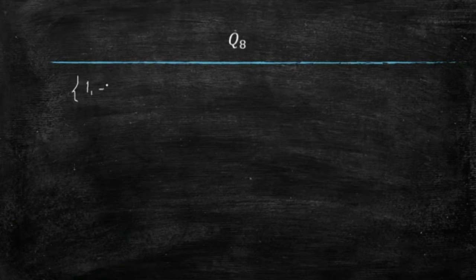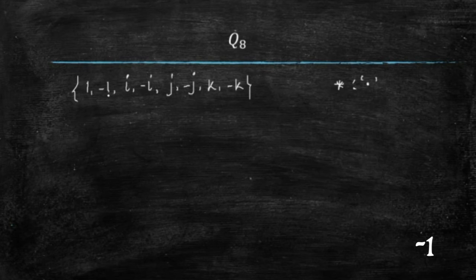Consider the elements 1, minus 1, i, minus i, j, minus j, k and minus k, right? And the binary operation as the multiplication we discussed just now. So 1 multiplied by minus 1 will be minus 1, i multiplied by j will be k, but if you multiply j with i, you will get minus k.